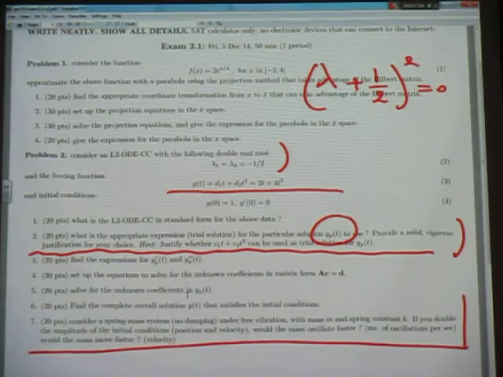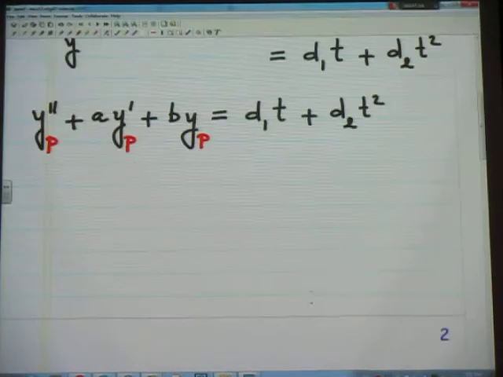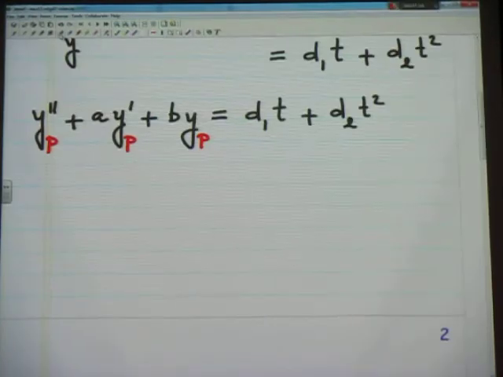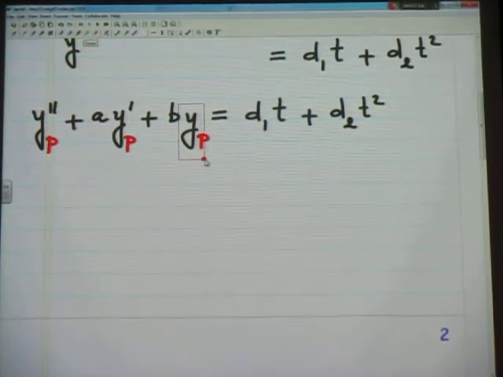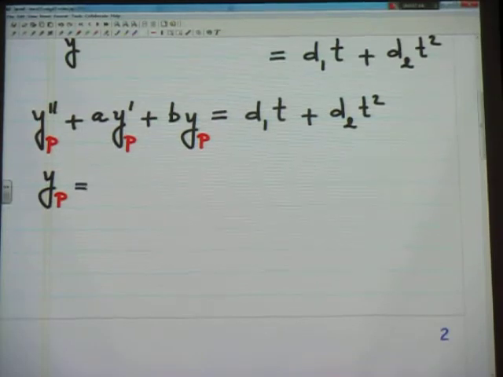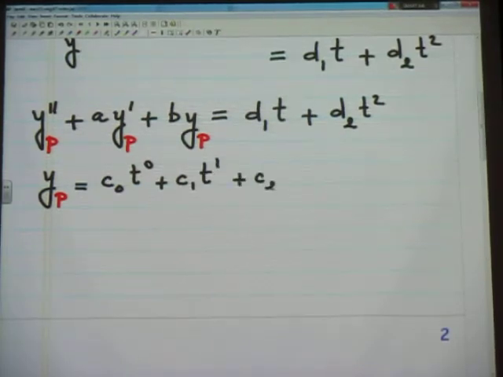Well, first the answer is that the complete trial solution should include all orders. So that means that YP should be equal to C0 t to the power 0 plus C1 t to the power 1 plus C2 t to the power 2.